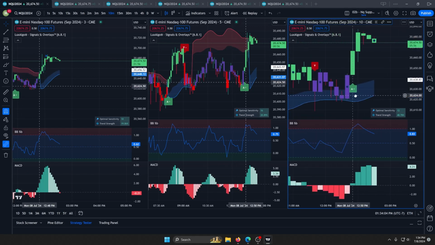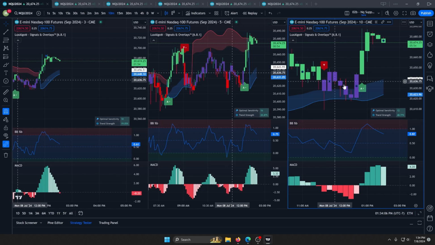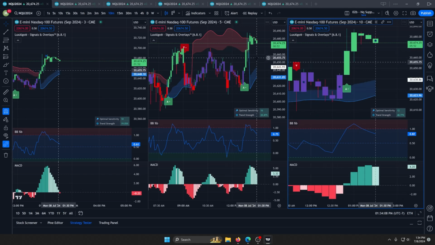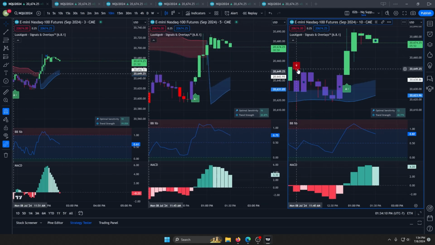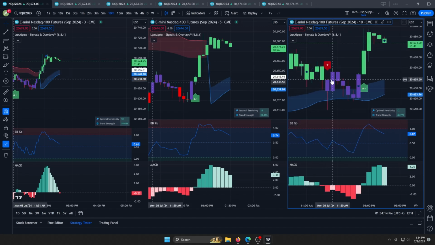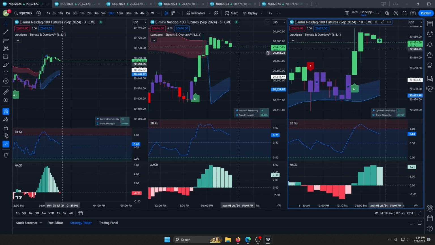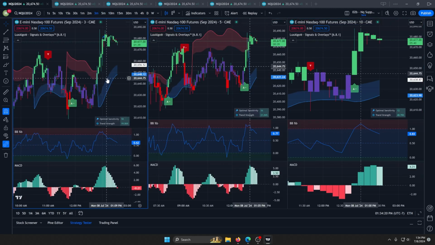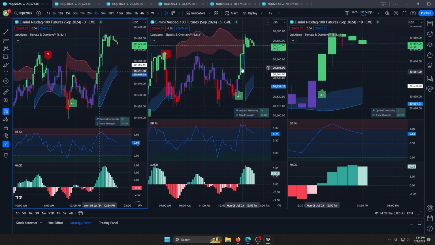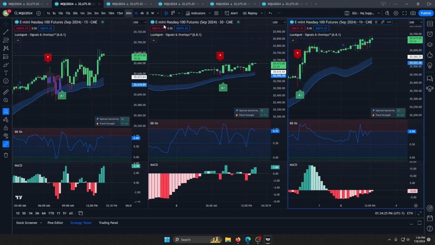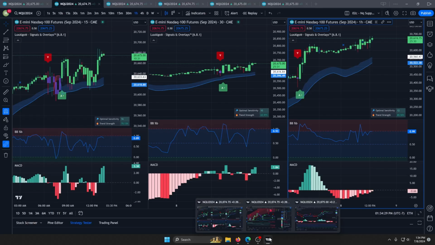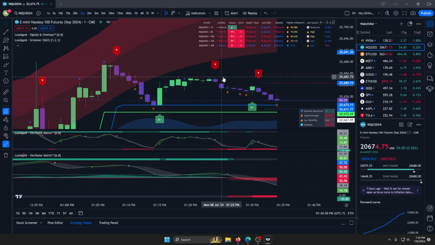But this red signal with these purple candles, I would not have taken, because there was too much other evidence that the price wasn't going to go lower. So like I said, when in doubt, just go up to higher time frames, and they should show you a little bit clearer where the price is going. And then you just come back to your 1 minute, and you take your entries.